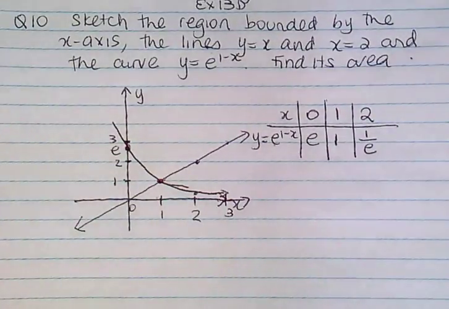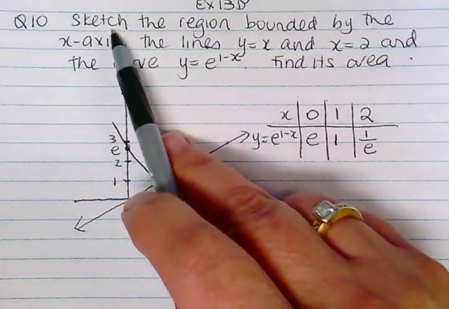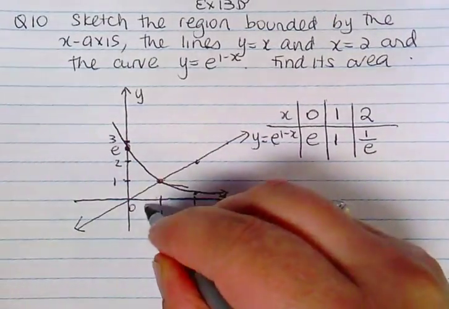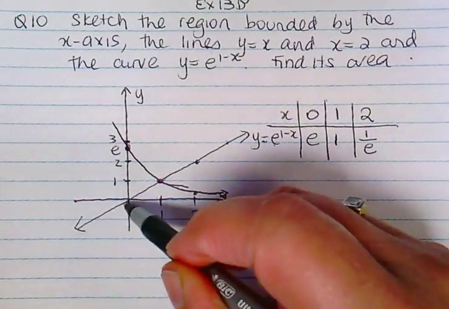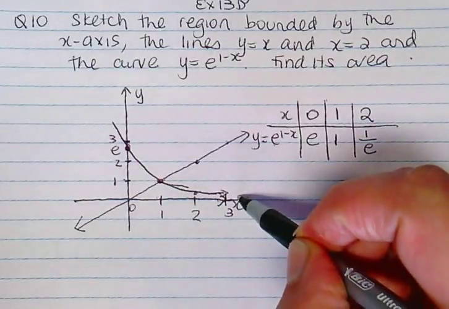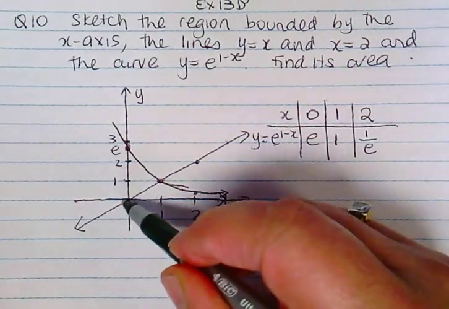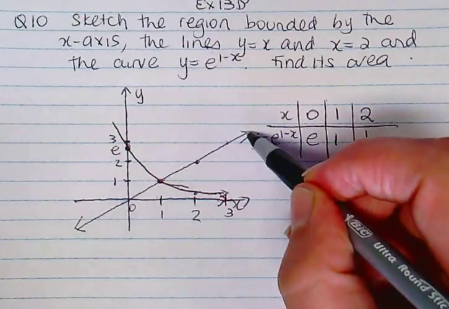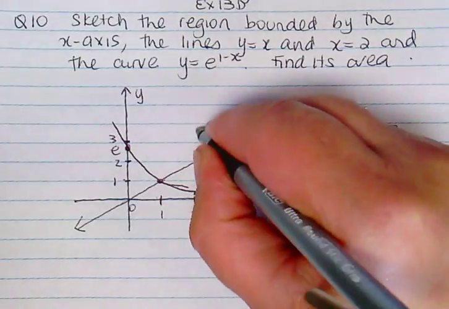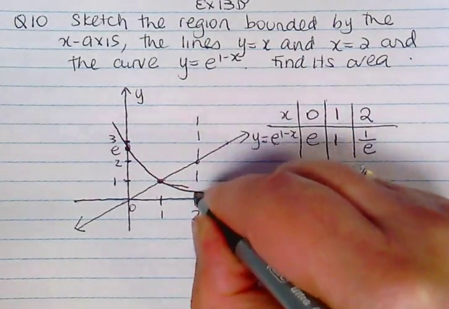So you've got to be very careful here because you've been asked to sketch the region bounded by the x-axis, the line y equals x, and the line x equals 2.